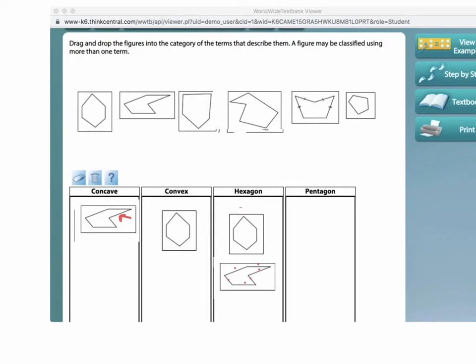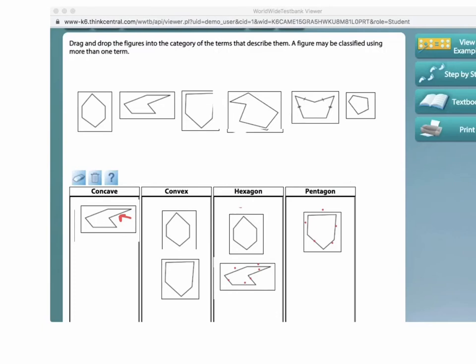This third shape here, it is a convex shape because it does not go inward. No exterior angles point inward, and how many sides? 1, 2, 3, 4, 5-sided shape. 5-sided shapes are known as pentagons. That goes there.